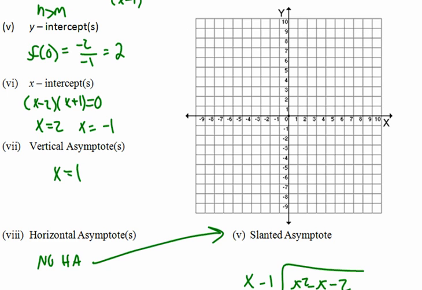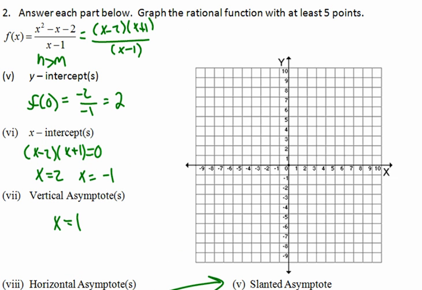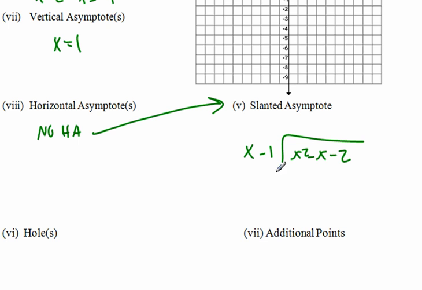Let me make sure I got the signs right there. x squared minus x minus 2, divided by x minus 1. Again, the only thing that we're interested in when we do this is just the quotient. Whatever we get up here, that's all we're going to look at. That's going to give us our horizontal, I'm sorry, our slanted asymptote.